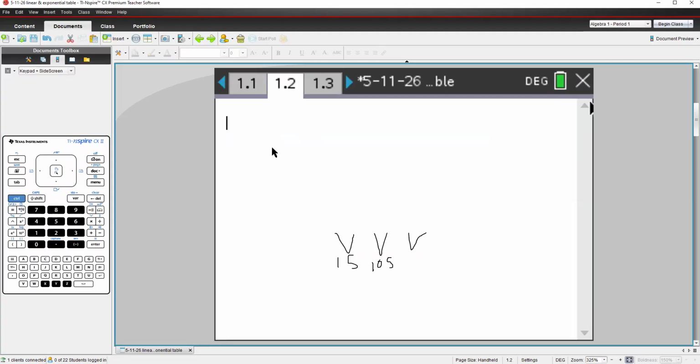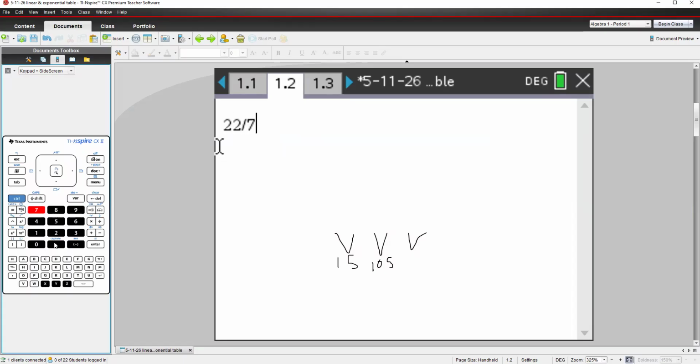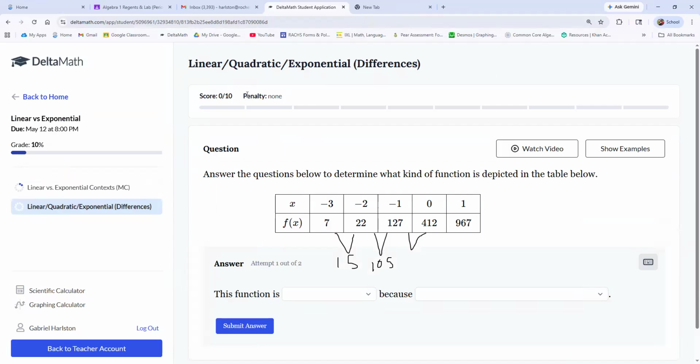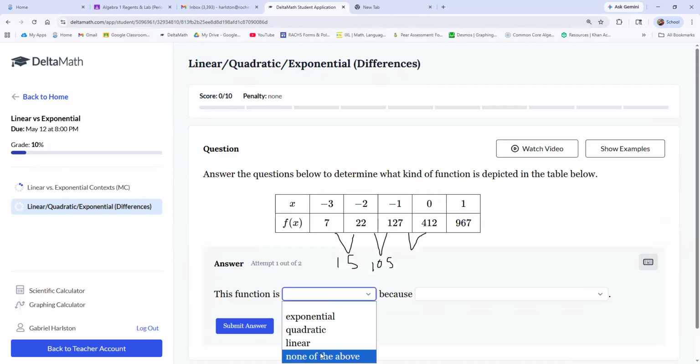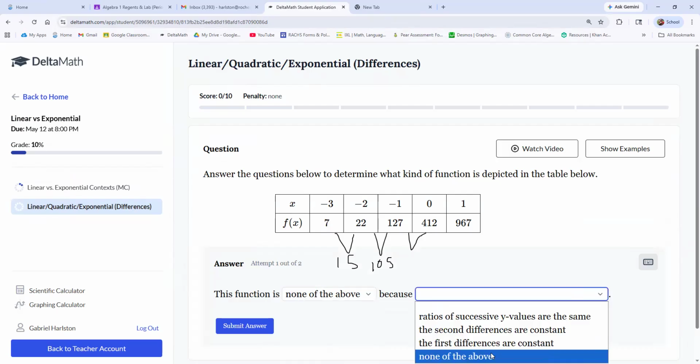I'm gonna go 22 divided by 7, and I get 3.14. Now I'm going to do 127 divided by 22. And these are different, so it's not exponential either. So it's neither. None of the above.